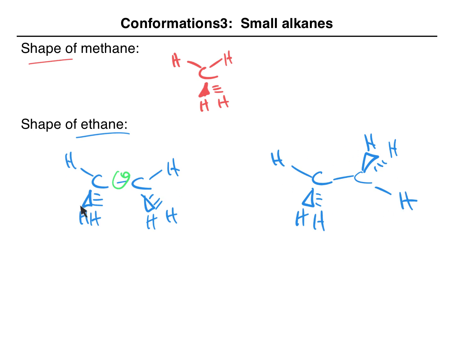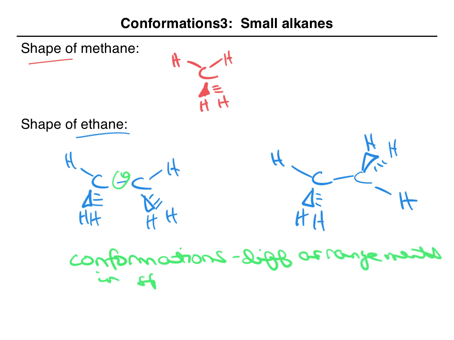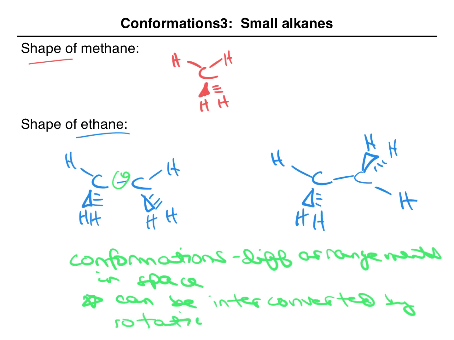So what we're looking at with this representation and this representation, these are different conformations. And so we have different arrangements in space, and they can be interconverted by rotation around a sigma bond.